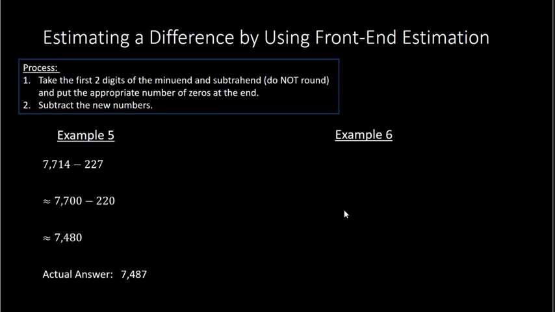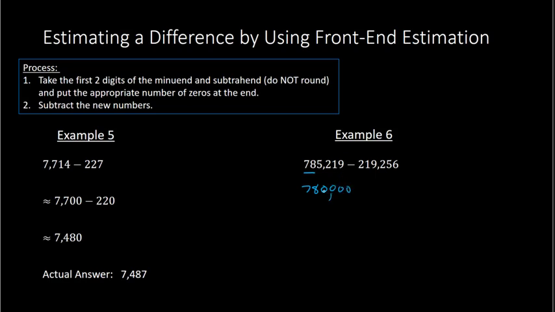Let's take a look at one more example. So here we have 785,219 minus 219,256. So using front-end estimation, I take the first two digits. So for the first number, we take the 7 and 8, and then follow that with the appropriate number of zeros.